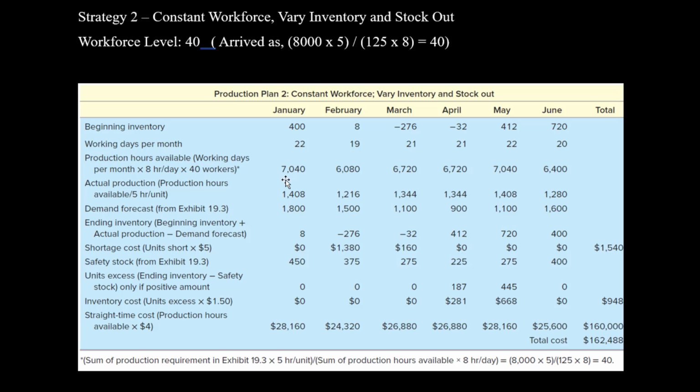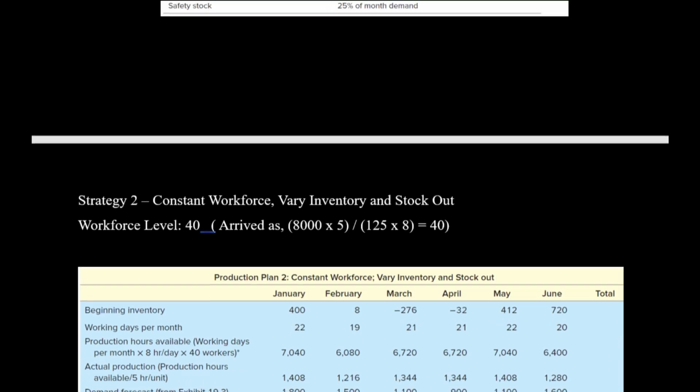We know that we get 1 unit every 5 labor hours, so when you divide this by 5, the total production for this month will be 1408, right? And the demand forecasted is 1800.